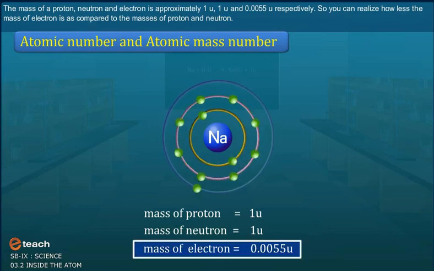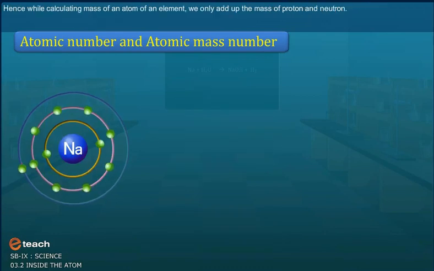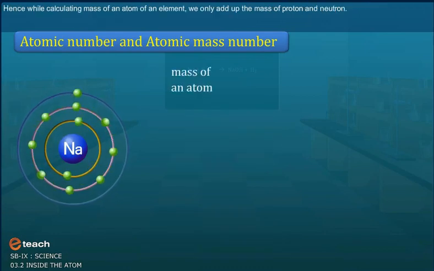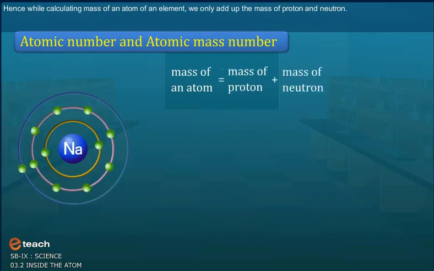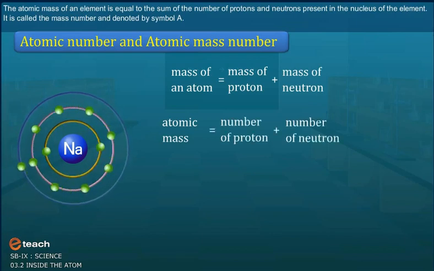So you can realize how small the mass of an electron is compared to the masses of proton and neutron. Hence, while calculating the mass of an atom of an element, we only add up the mass of protons and neutrons. The atomic mass of an element is equal to the sum of the number of protons and neutrons present in the nucleus of the element.